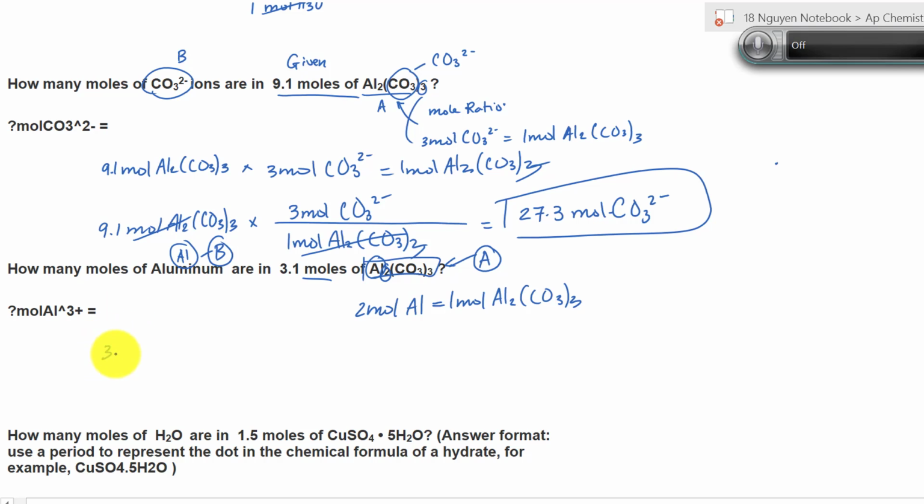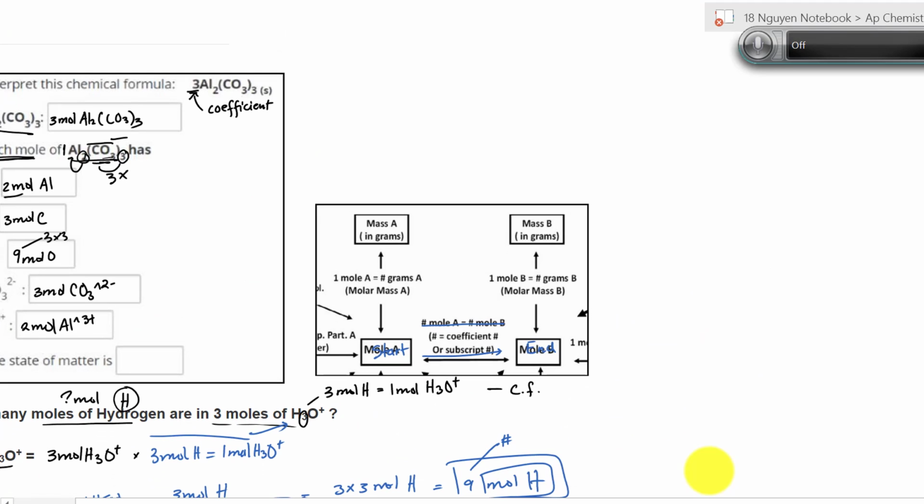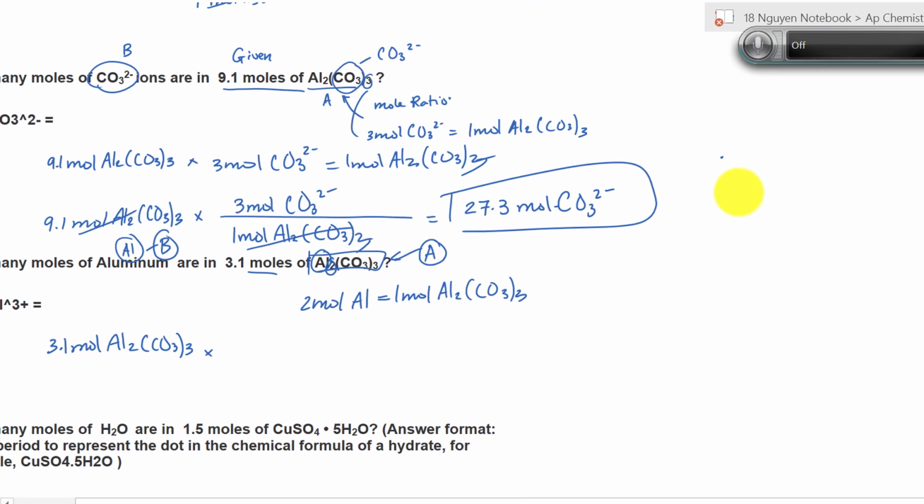We have 3.1 mole of aluminum carbonate, Al2(CO3)3. And we times it by the mole ratio conversion factor, just like we did over here, mole A to mole B. And this is a mole ratio over here. So 2 moles of aluminum equal to 1 mole of aluminum carbonate.